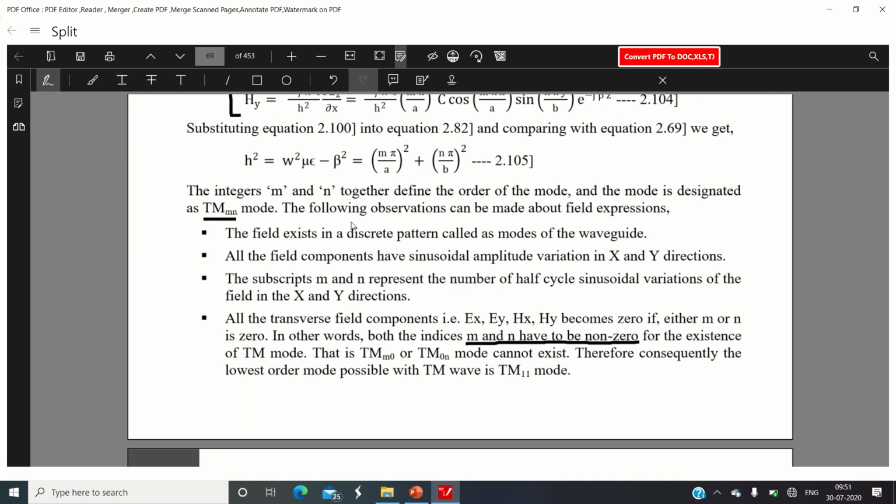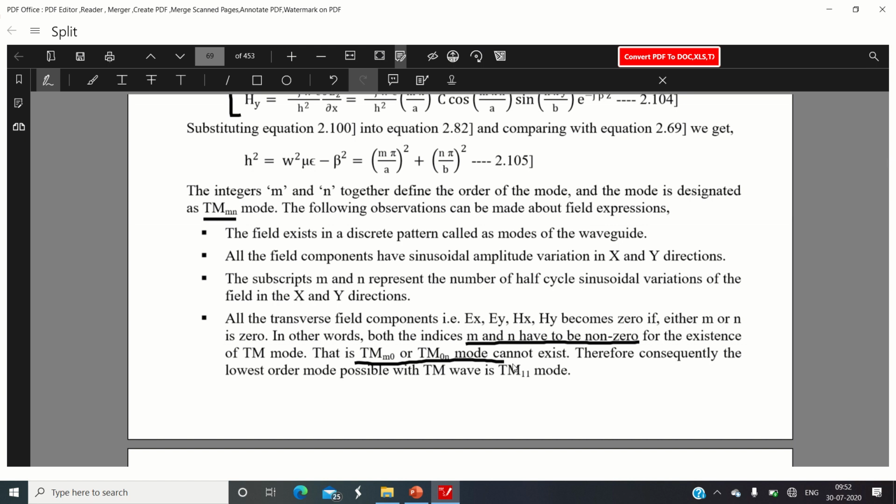In TM mode, the indices or suffixes small m and small n, which represent integers, have to be non-zero for the existence of TM mode. Therefore, we cannot make m equal to 0 or n equal to 0, and that is what is given in this particular sentence. That is, we cannot have TMm0 mode or TM0n mode. What we want is for the m value and n value to be other than 0.